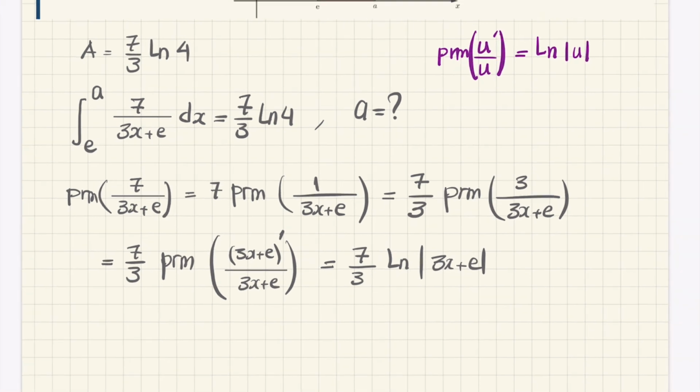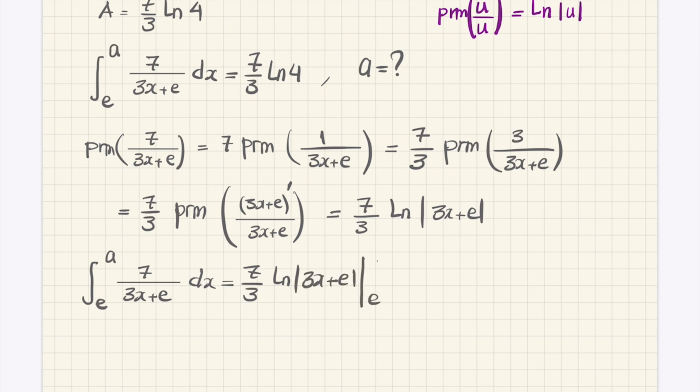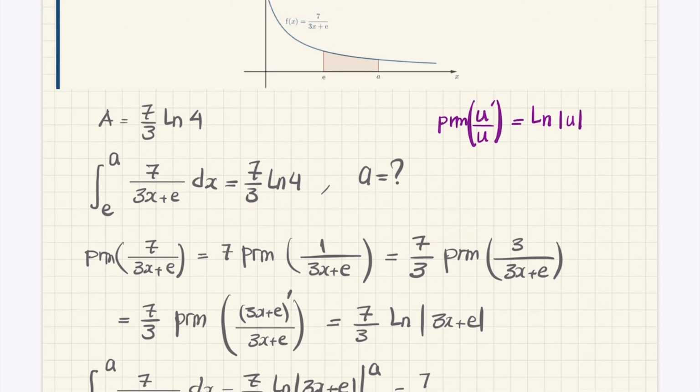Now that a primitive function is clear, let me calculate my integral. So the integral from e to a of 7 over 3x plus e dx is this primitive function from e to a. Okay, then by the way, do I need the absolute value sign?